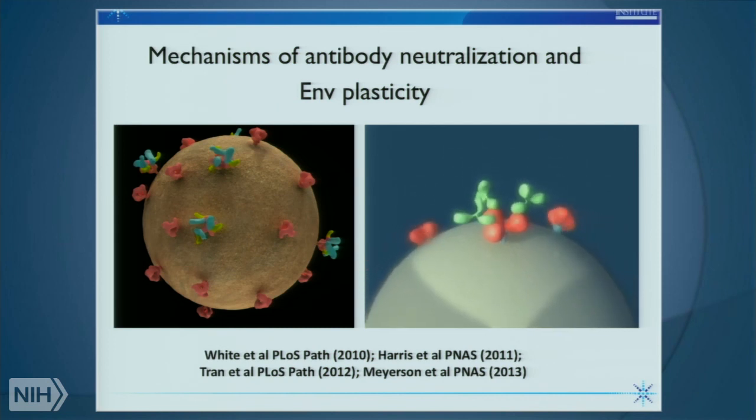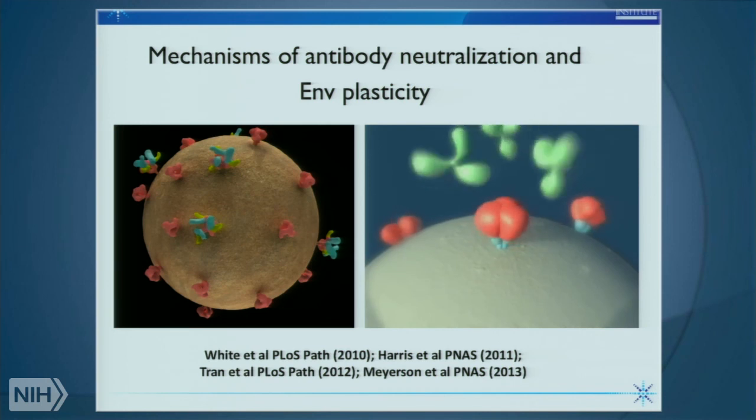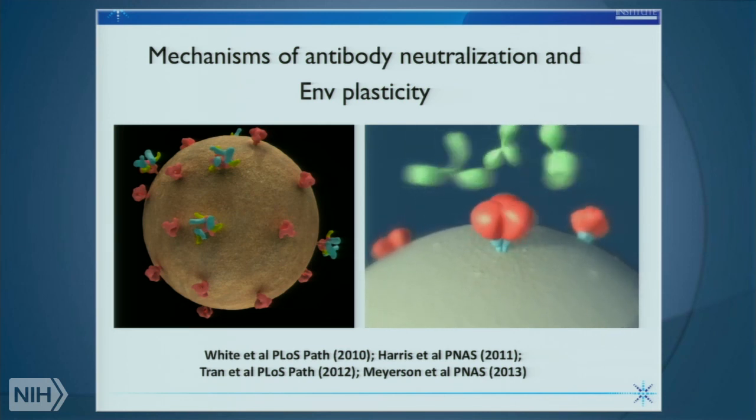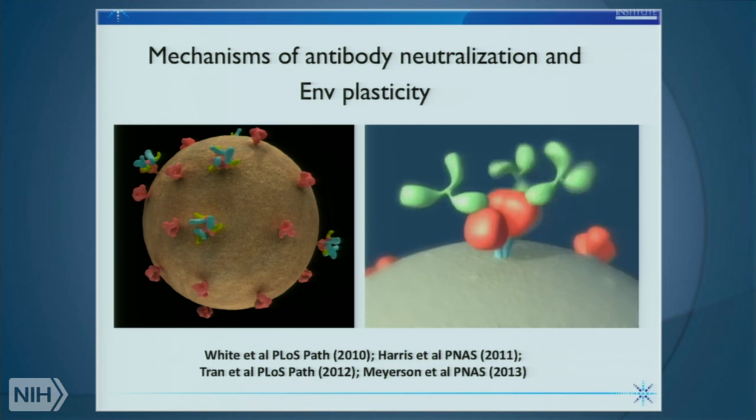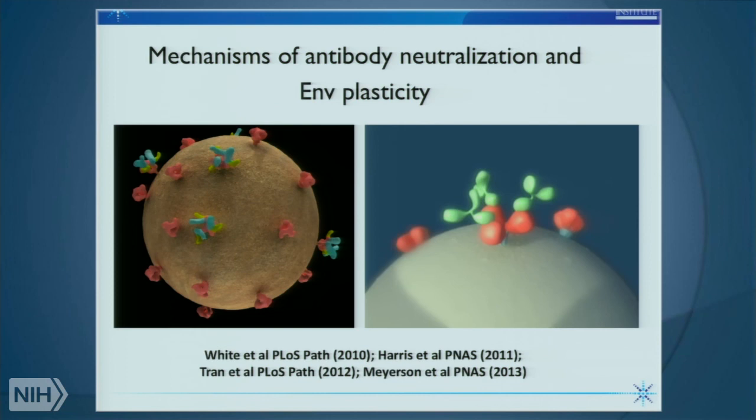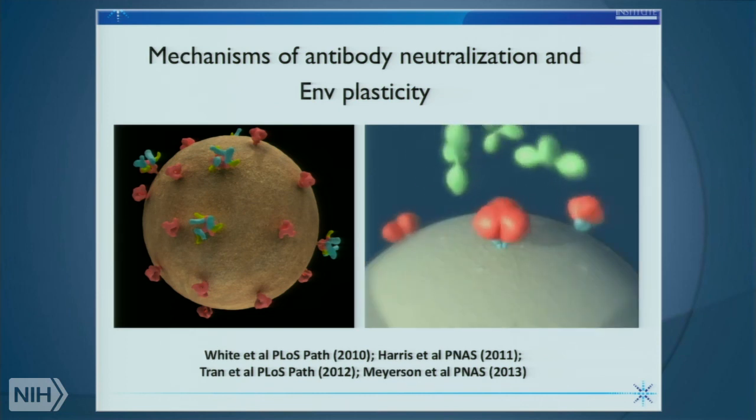And the interest in these infectious viruses also drove methods in the lab of being able to not just describe structures, but also educate ourselves on the plasticity of these envelope glycoproteins to understand which conformations might bind which antibodies less or more tightly.